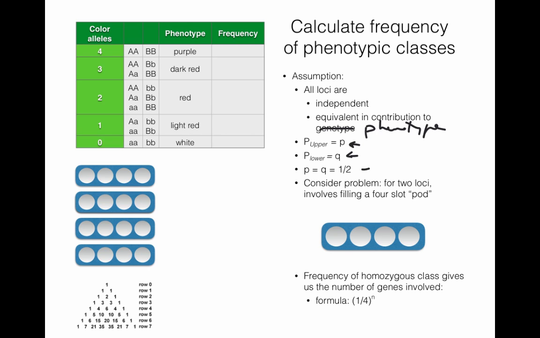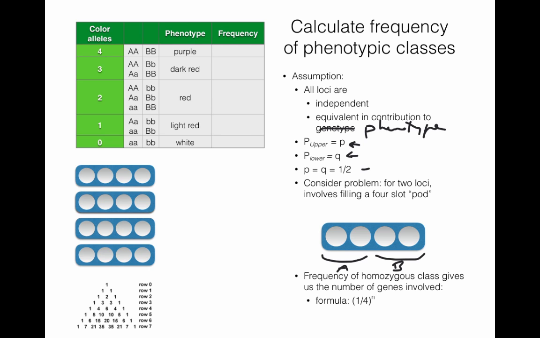And then there is a way that you can think of this problem as the total phenotype resulting from a genotype that has been formed in this way. We essentially have 4 equivalent slots. Now, of course, one is for the A gene and one is for the B gene, but that doesn't really matter, and we can consider them as functioning the same way because each one contributes the same unit of color.